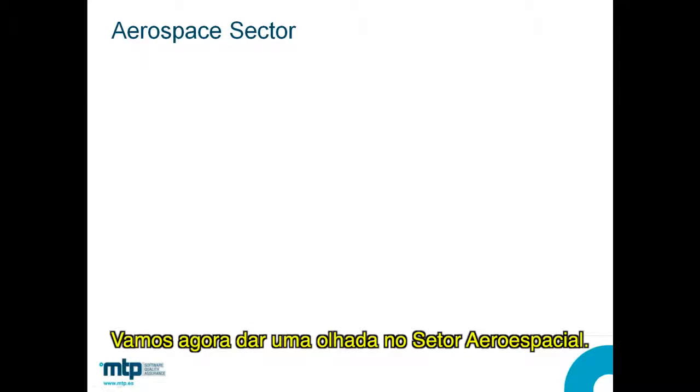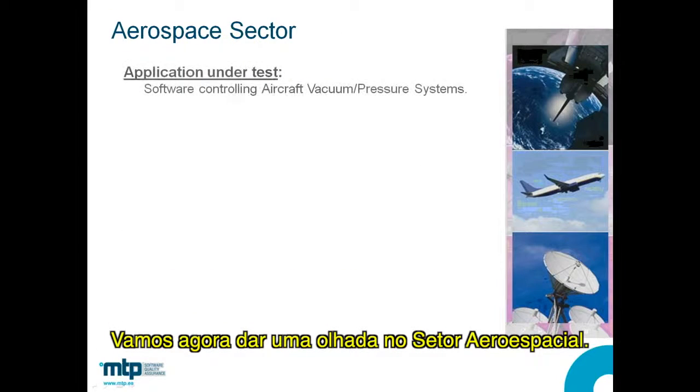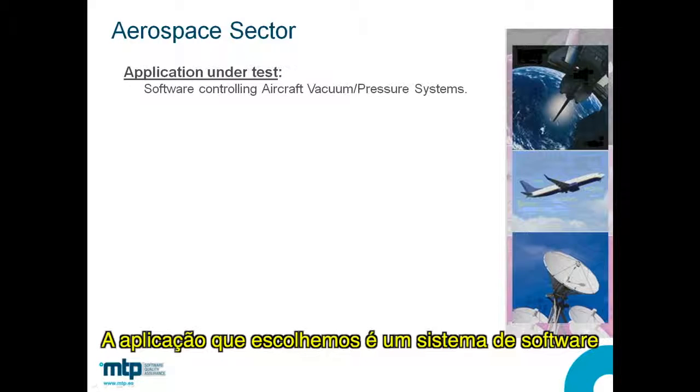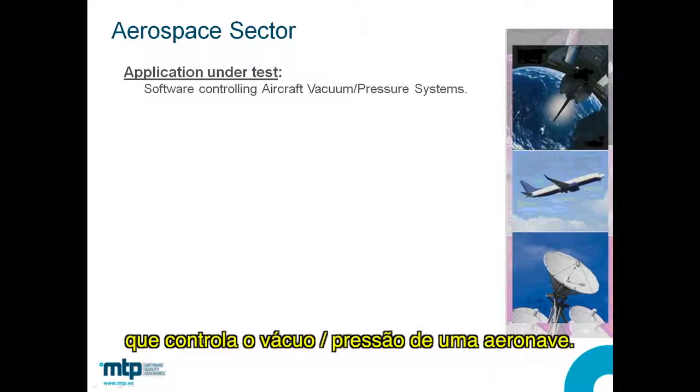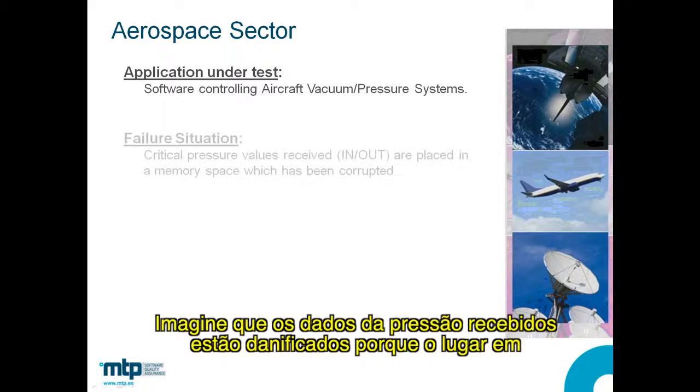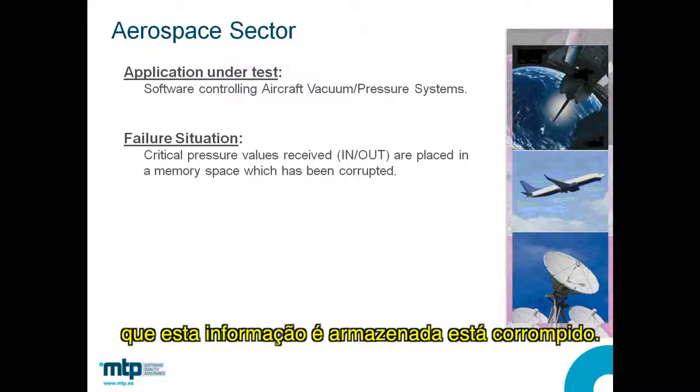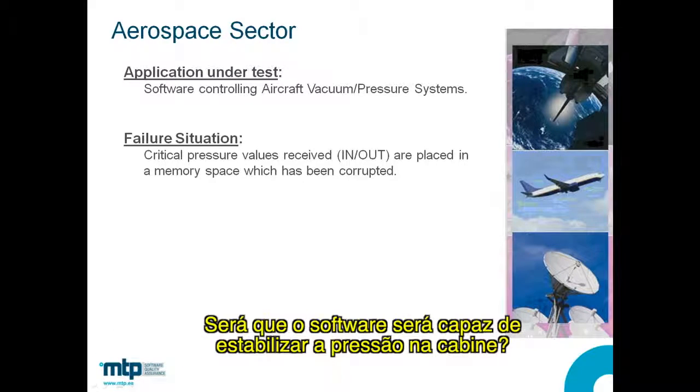Let's now take a look at the aerospace sector. The application we have chosen is a software system that controls the vacuum pressure of an aircraft. Imagine that the pressure value data received has been damaged because the place where this information is stored has been corrupted. Will the software be able to stabilize the pressure in the cabin?